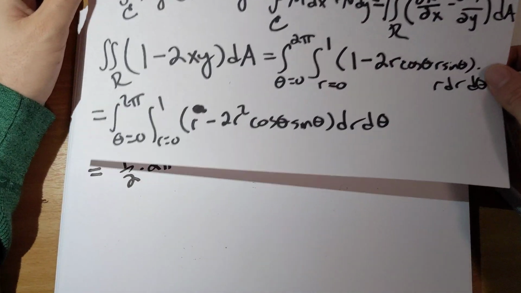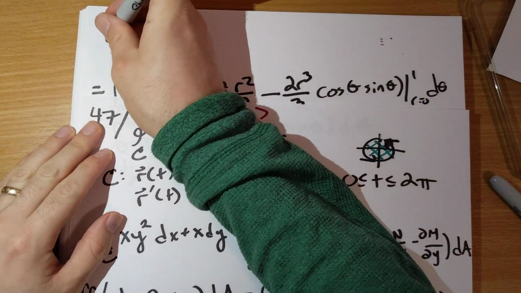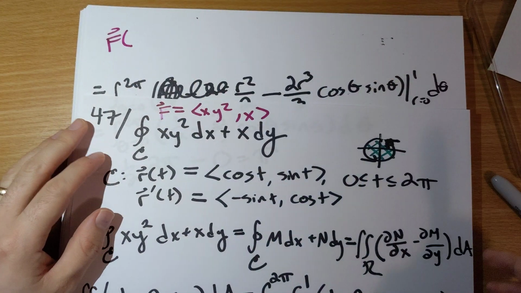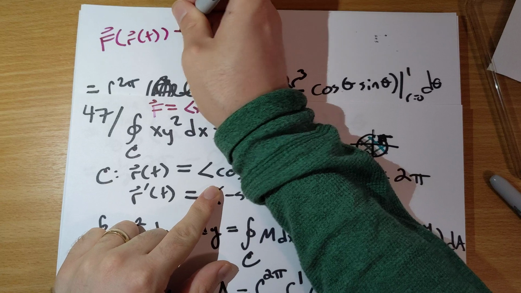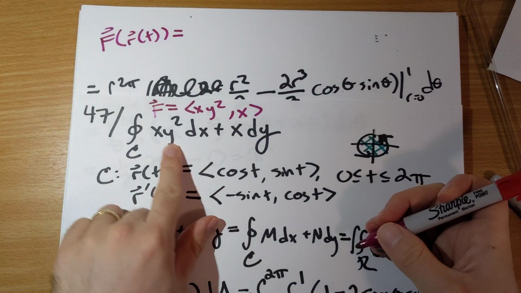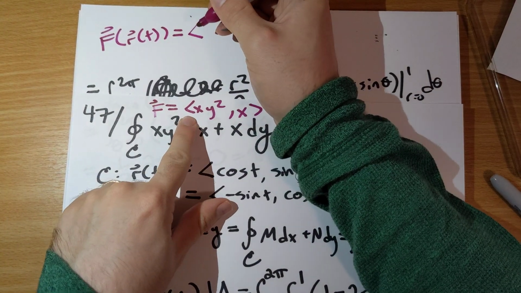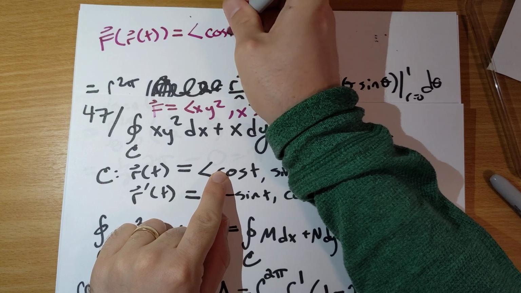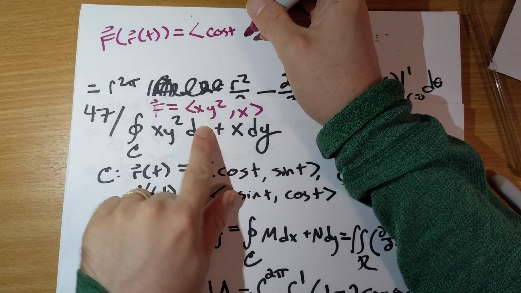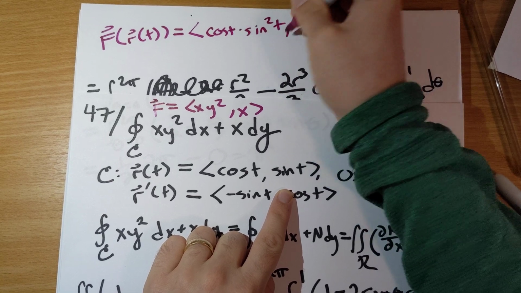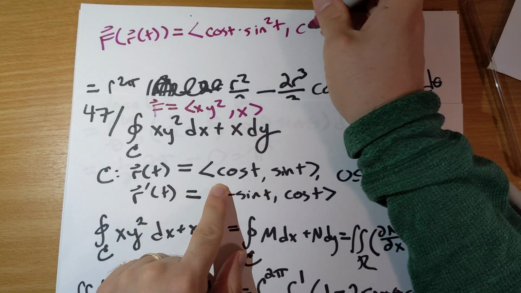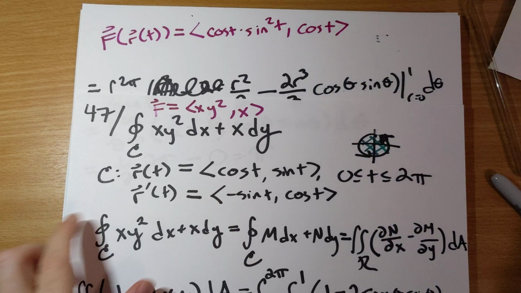Okay, so f of r of t is going to be, x is cosine t and y is sine t, so it's cosine t sine squared t, and x is cosine t.